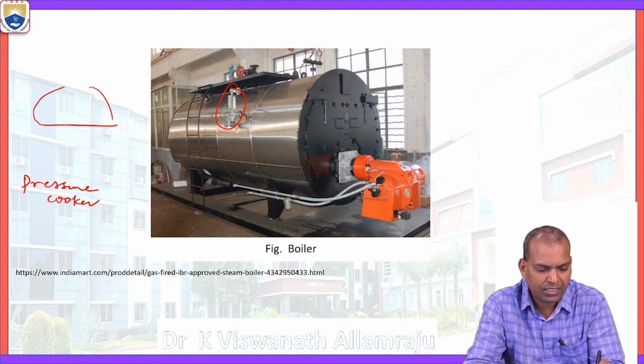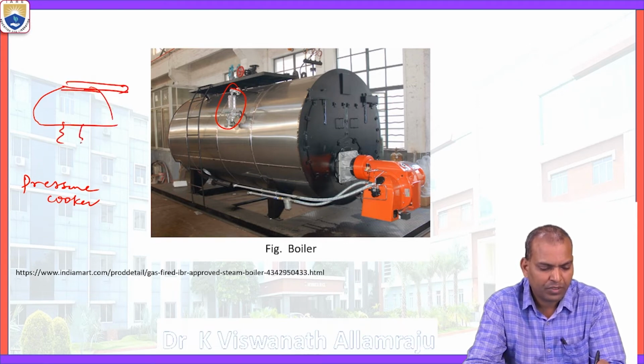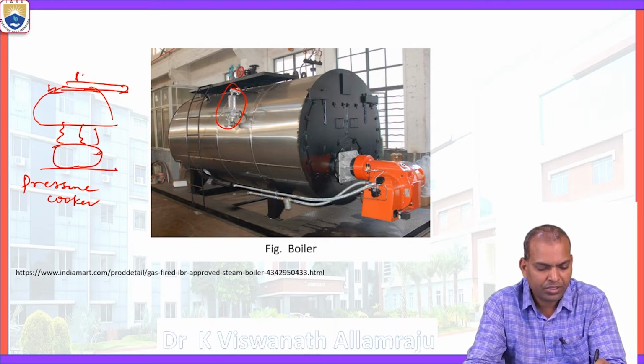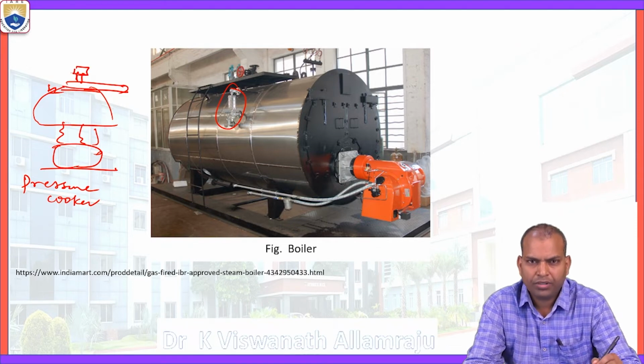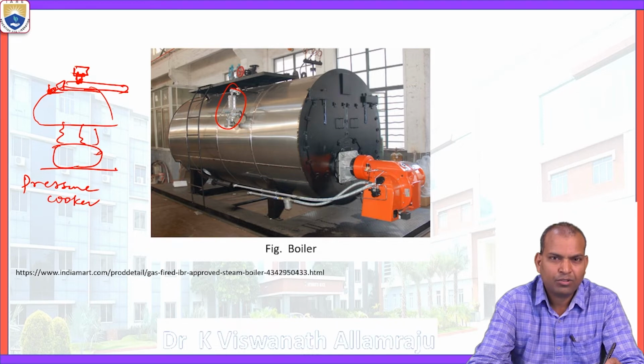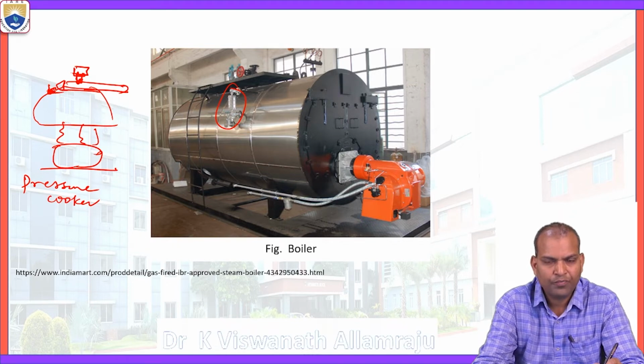So if the whistle is blocked because of accumulated dirt or due to the pressure, what will happen? This safety valve is made of lead. The melting point of lead is very low, so it will melt and drop down inside. Then the pressure immediately comes out in order to prevent the blasting of the cooker.